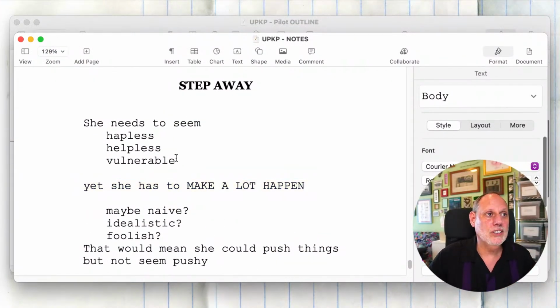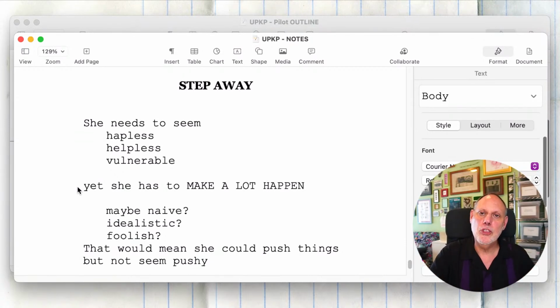So she needs to be hapless, inept, incompetent, ineffective. But I thought helpless doesn't really work because she's the driving force behind all this stuff that's going on. So I thought, what kind of person can I make her that she would be gung-ho but ineffective?